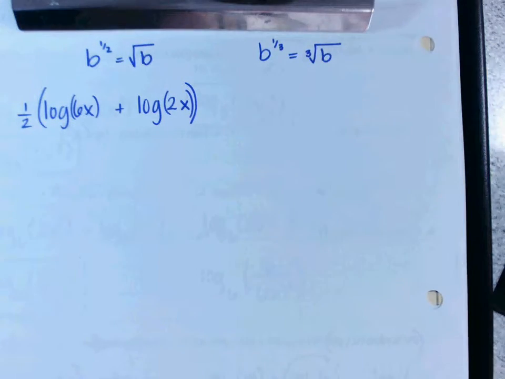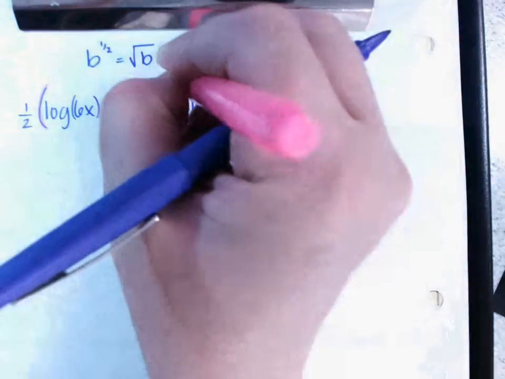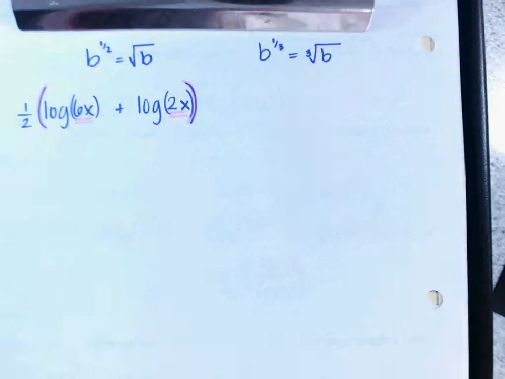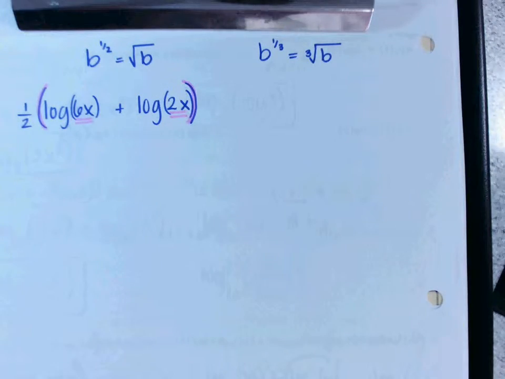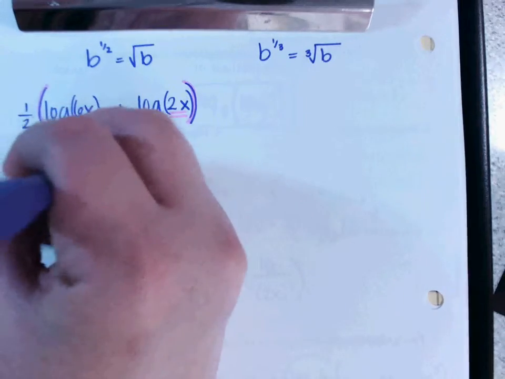Okay, so in the middle of the parentheses, I see that my logs are added together. Okay, if my logs are added together, that means I'm doing what with my arguments? Multiplying them. So if I do 6x times 2x, what do I get in there? 12x squared, good.